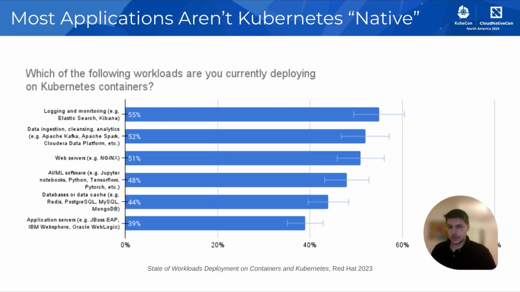So, I looked up some statistics on what sort of applications are running in Kubernetes, right? This is from Red Hat. As you might see, there's all these different example applications for all these categories, and you'll notice pretty much all of them are not Kubernetes native.